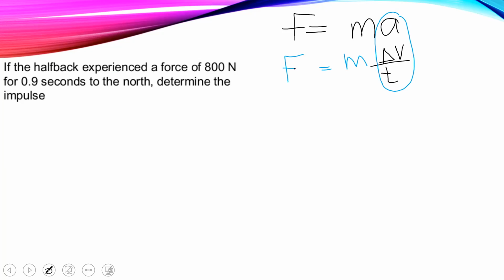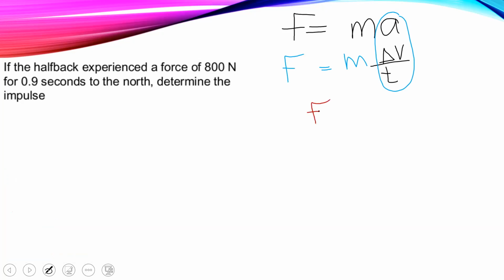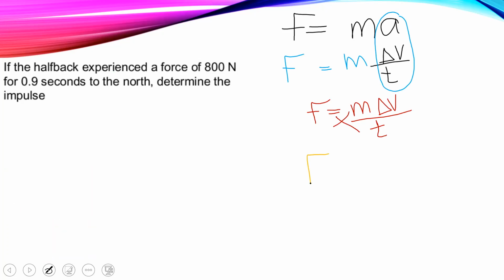So here what did we have? We have F equals m delta v over t. Making a cross product, what did you have? Force times time equals m delta v. Is it right, Rose?